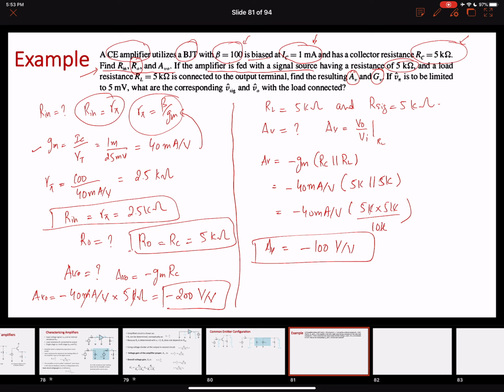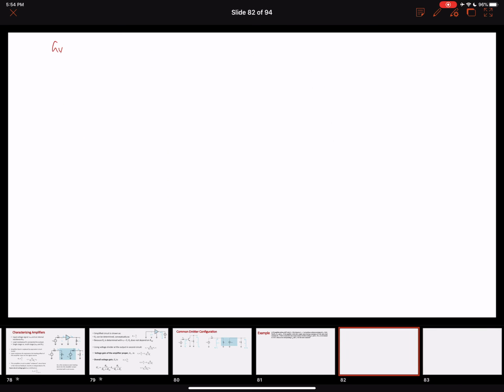Okay, the other thing that we want to find out is now the overall voltage gain, right? So now we are interested in finding out the value of GV. Okay, so let's find out the value of GV. Again, let me just divide this slide into half.